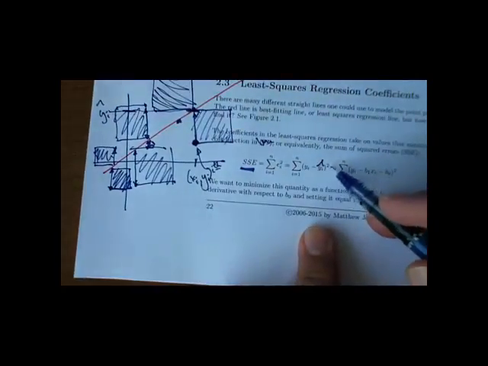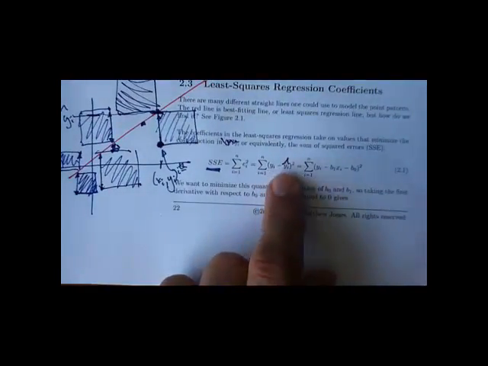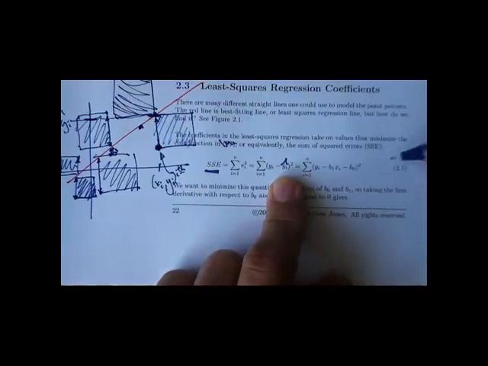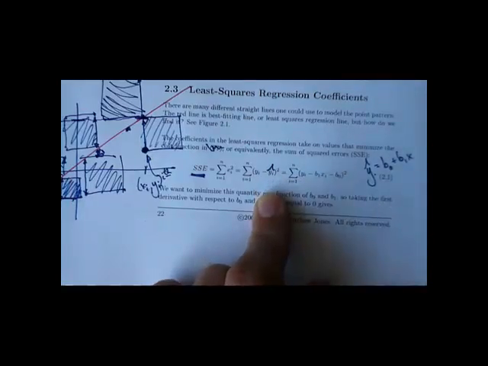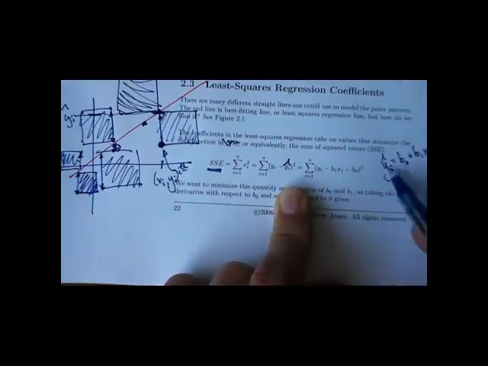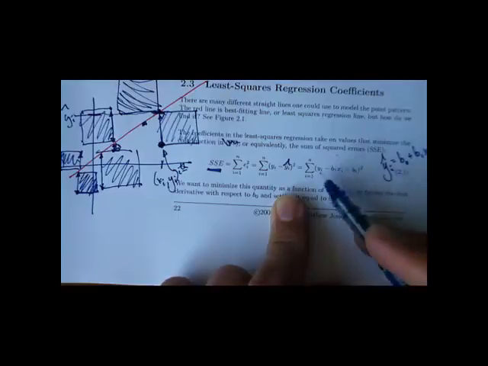You sum up those squared errors. Since these y hat values are just the values on the line, the line is going to take the form b0 plus b1x. So if I put an i on there and an i on there, and substitute this in for y i hat, I get this.